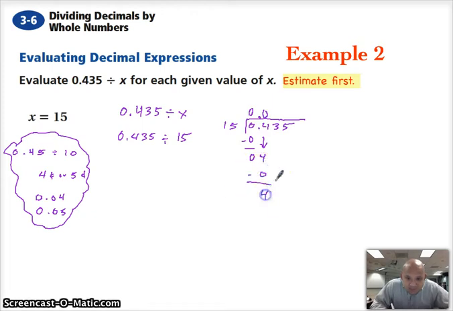Subtract that. Come home with a 4. Now I drag down a 3. 15 goes into 43 twice. 2 times 15 is 30. I have a 1 and a 3, and now I bring down that 5.